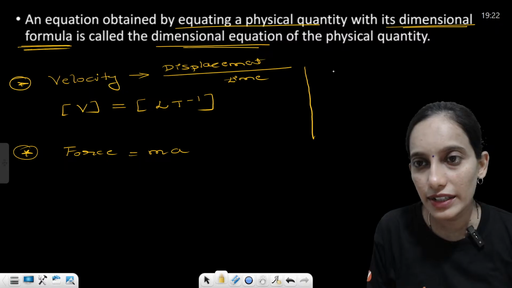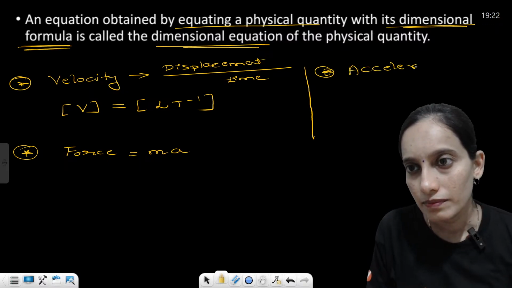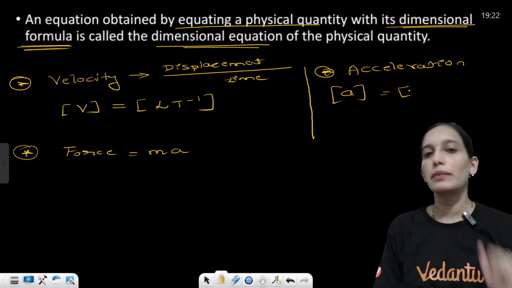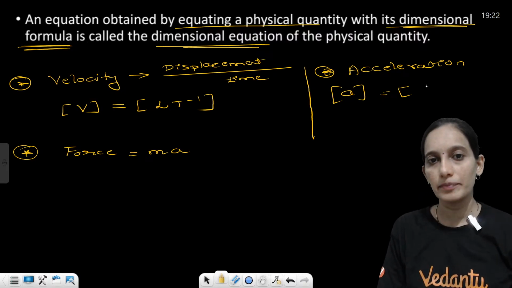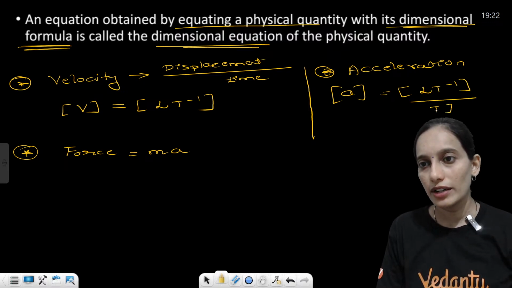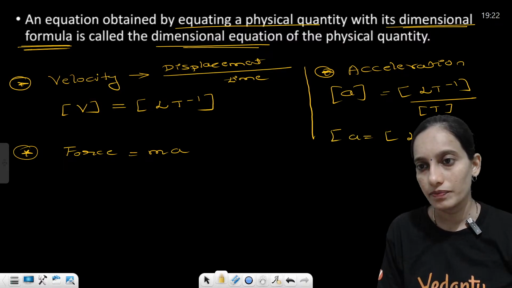So the other quantity I'm choosing is acceleration, which is represented by A. So acceleration is velocity by time. So we know that acceleration is velocity by time. So velocity dimension is LT minus 1 divided by T, or this will give us LT minus 2.